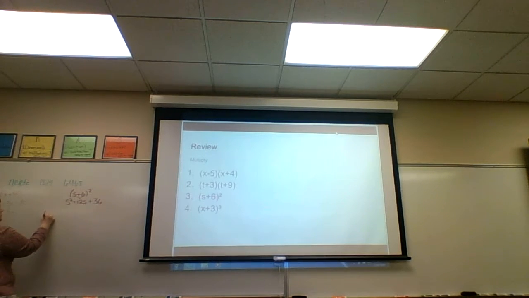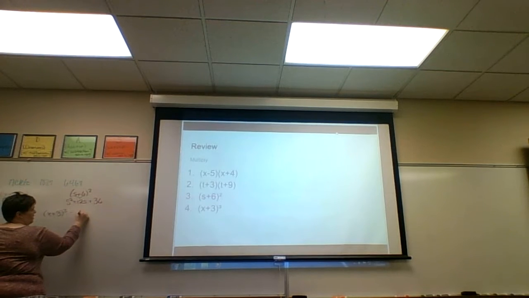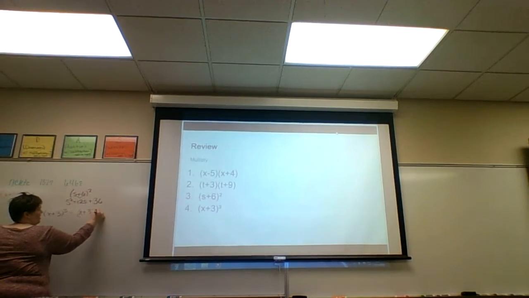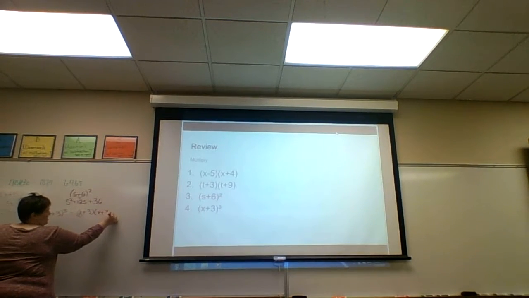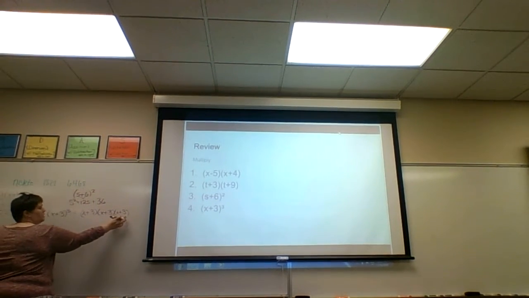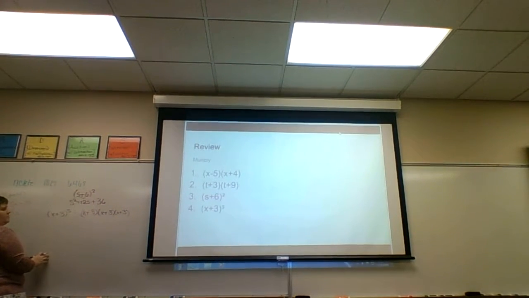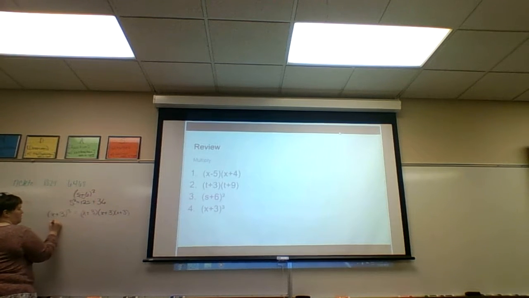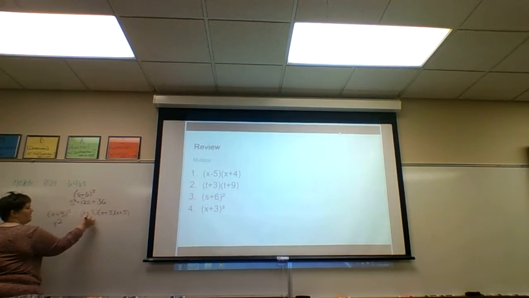Next one. We cannot do just a third like we did the square there. So we have to take 2 of them and then take it times x plus 3 again. So these 2 squared together would be x squared plus 9 plus 6x.